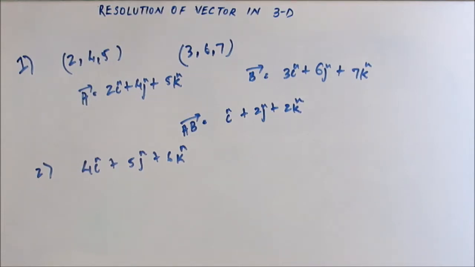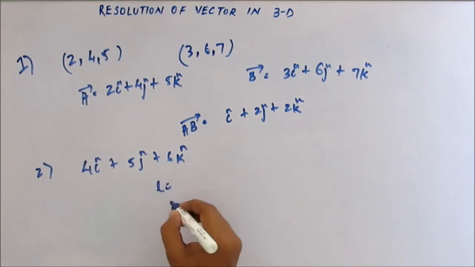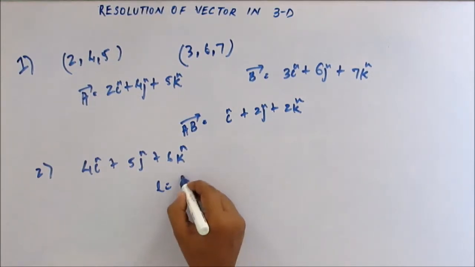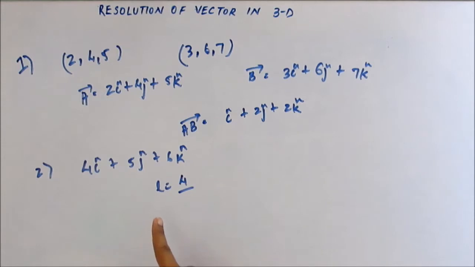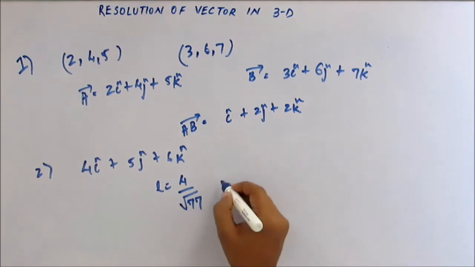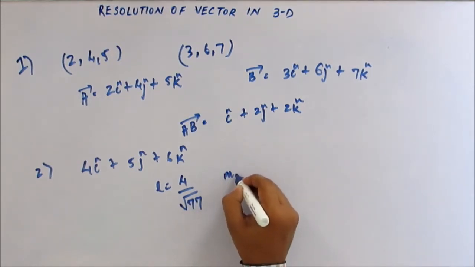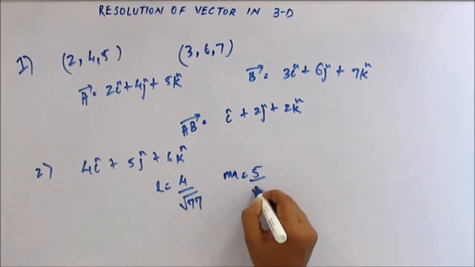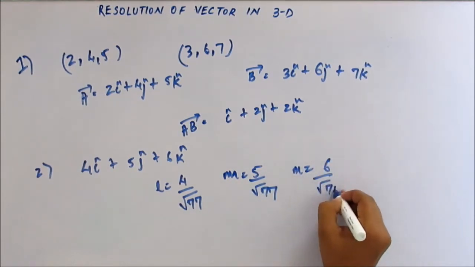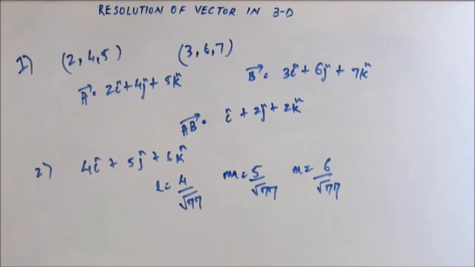Direction cosine L is the x component upon the magnitude of the total vector. The magnitude of the total vector here would come out as root 77. So L is 4 upon root 77, M would be 5 upon root 77, and N will be 6 upon root 77. Easy?